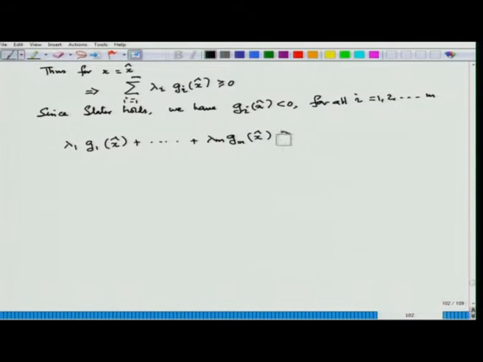But now look at this expression, forget this one. Each of these is strictly less than 0.